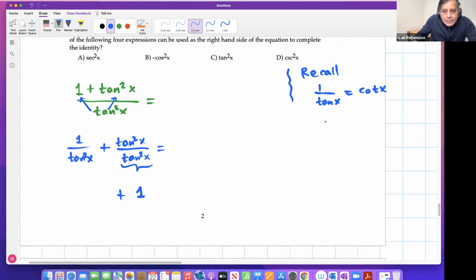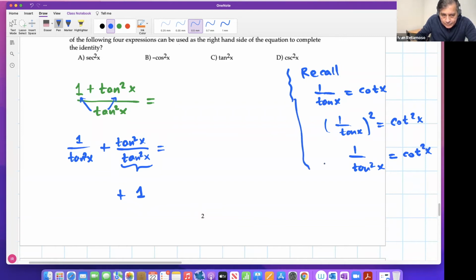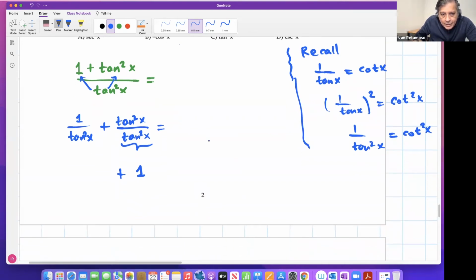Well, if you square both sides of this, you can get that this square should be cotangent square, because 1 square is 1. This is tangent square of x equal cotangent square of x. Okay, so this is cotangent square of x.